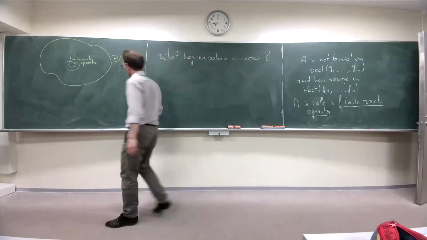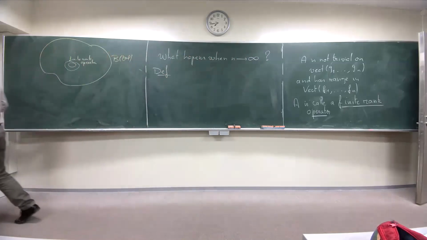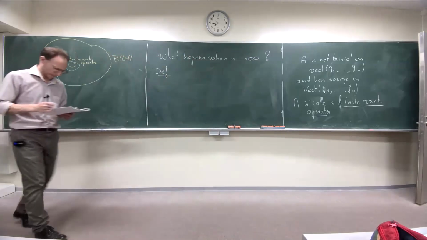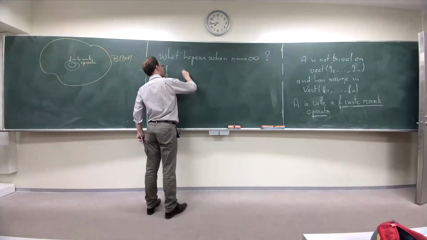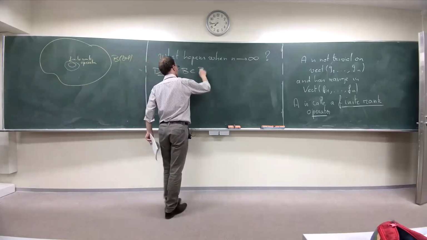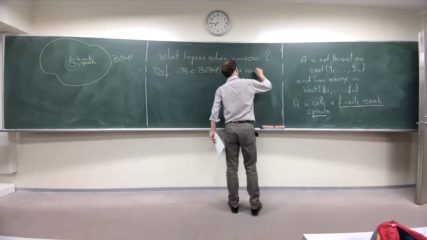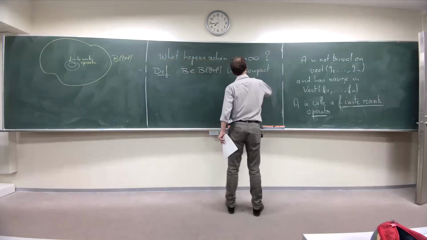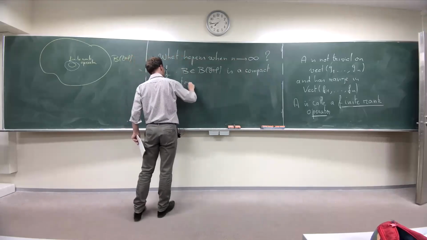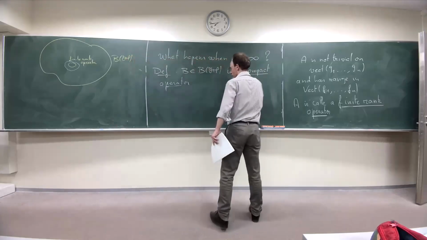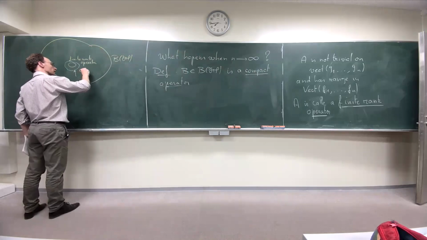But I have to be more precise. Definition. B in B of H is a compact operator, this is the name. And you should think about this as a blue region. I'm going to call it compact operators.